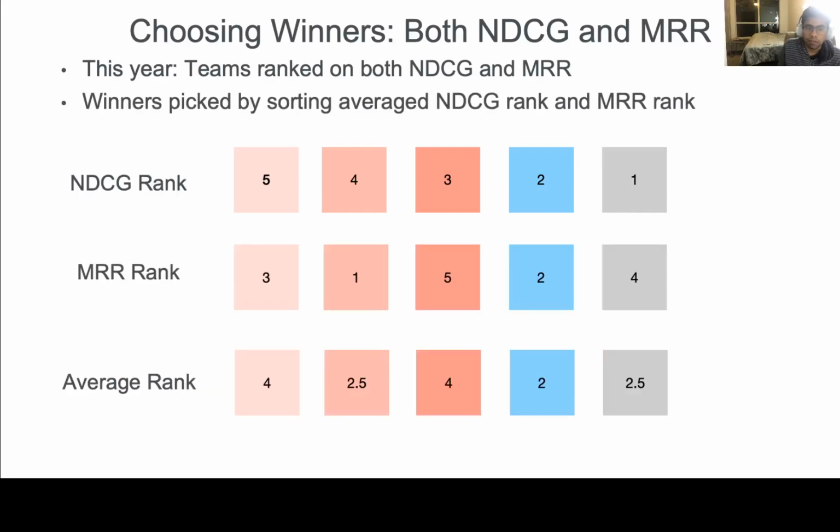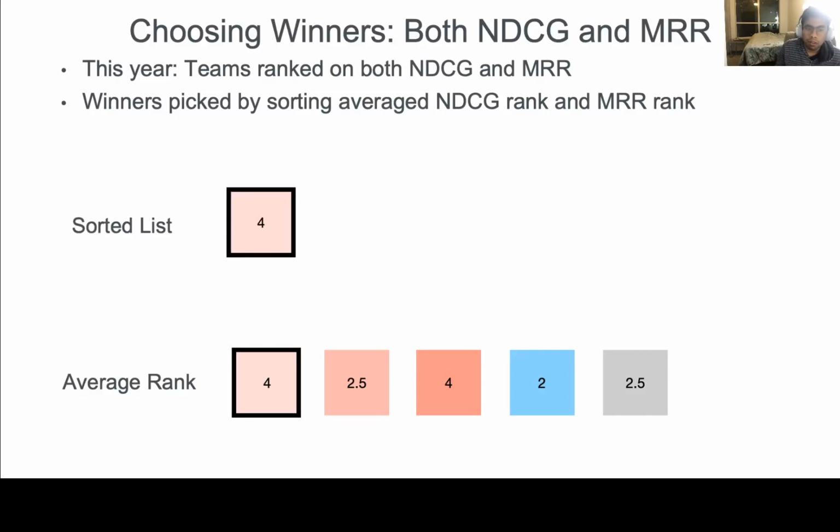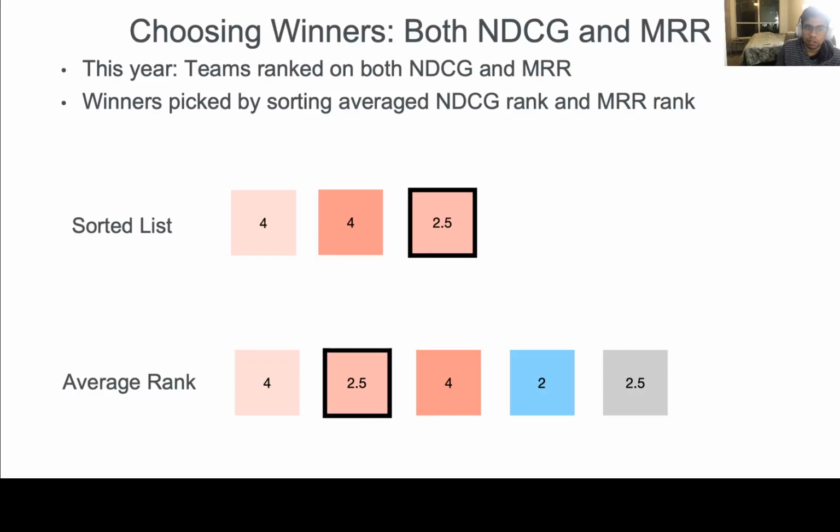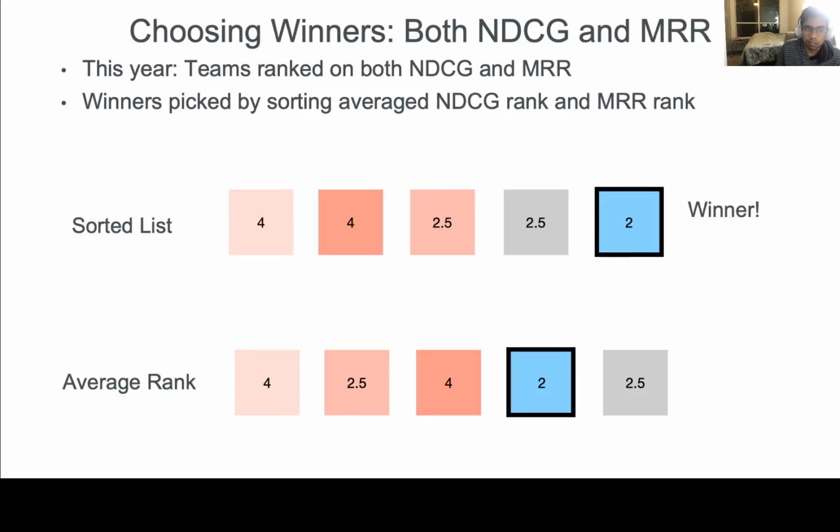We then average the rank of each submission across these two lists. We then rank all the submissions with their average rank, and the team with the best rank is the winner. This ranking process rewards teams for both high NDCG and MRR scores.